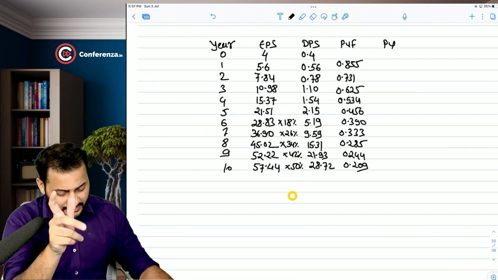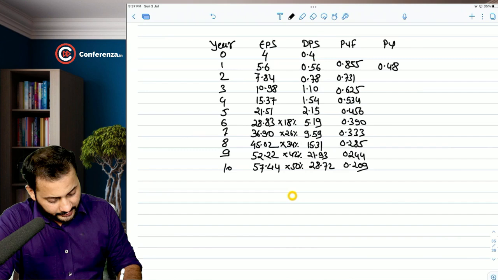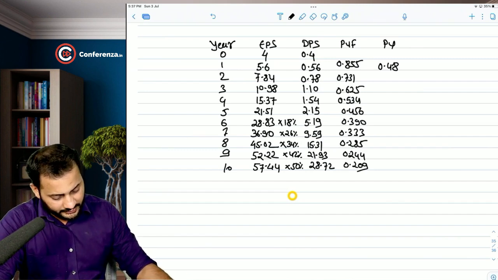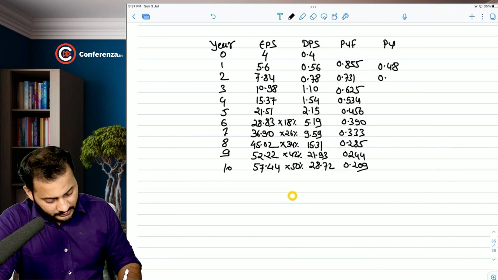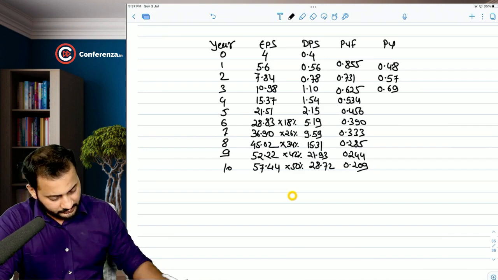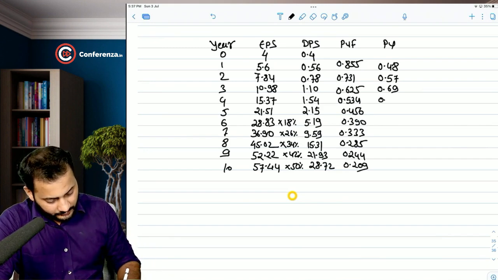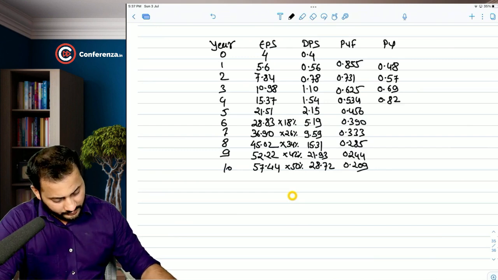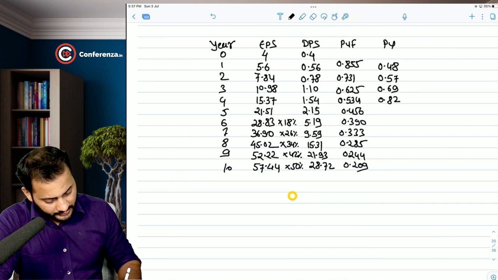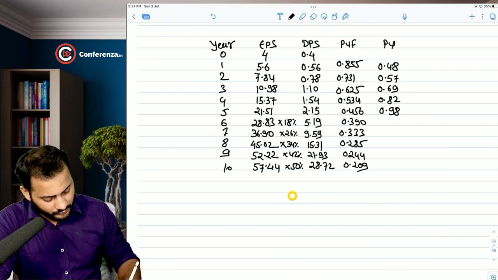So how I'm pressing the keys: 0.56 into 0.855 M plus, it gives us 0.48. 0.78 into 0.731 M plus, 0.57. 1.1 into 0.625 M plus, 0.69. 1.54 into 0.534, 0.82. 2.15 into 0.456, 0.98. 5.19 into 0.390, 2.02.